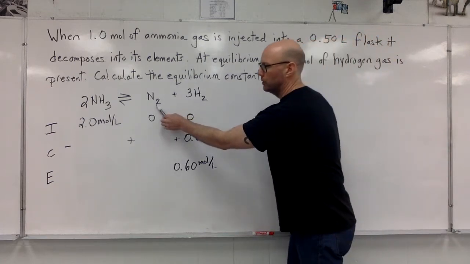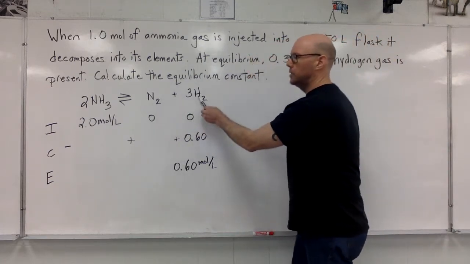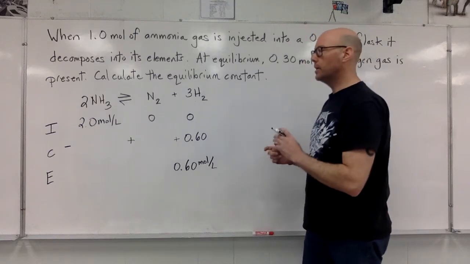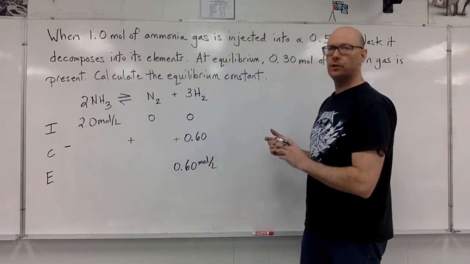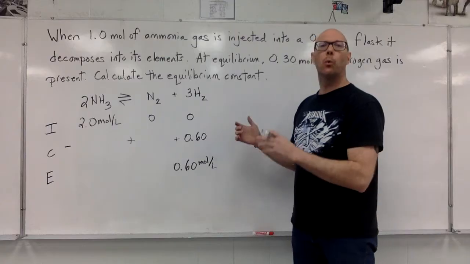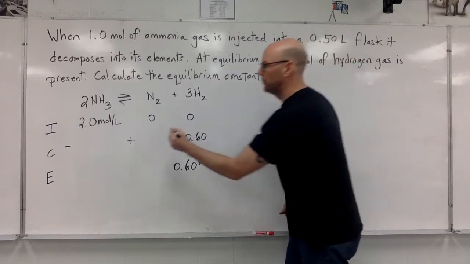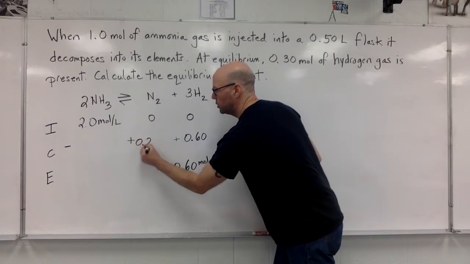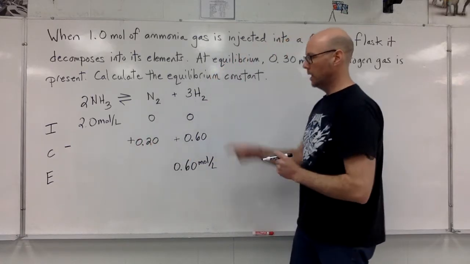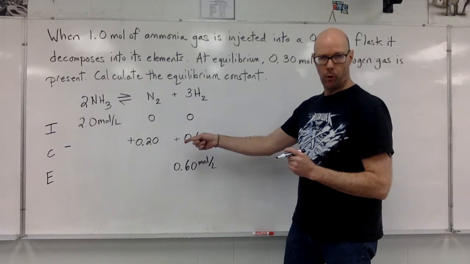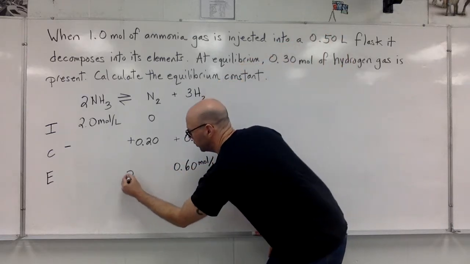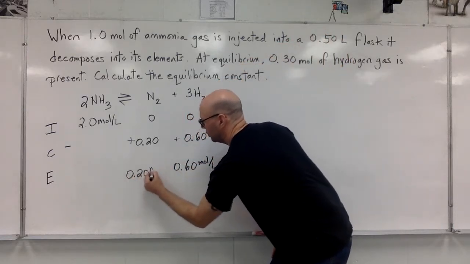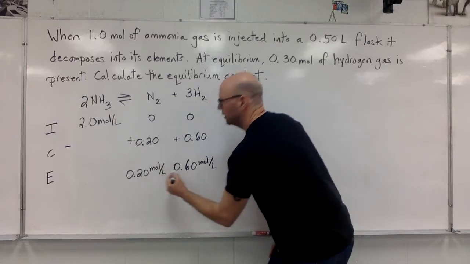The nitrogen is in a 1 to 3 ratio with the hydrogen. So the change there is 1/3 as much. And 1/3 of 0.6 is 0.20. 0 plus 0.2 is 0.20 moles per liter.